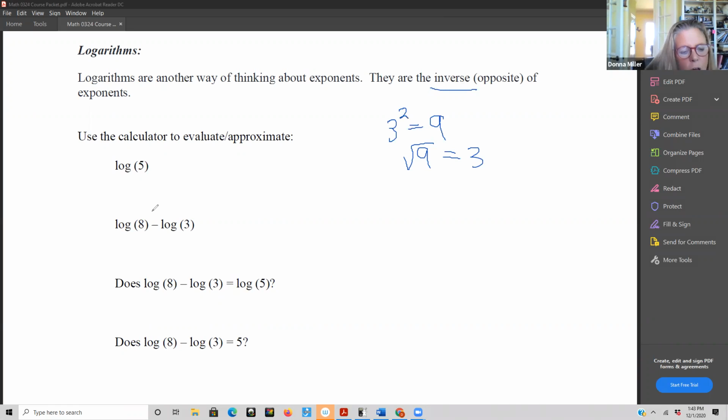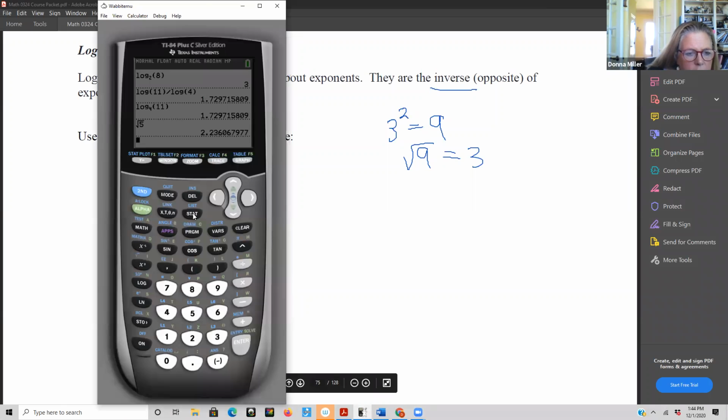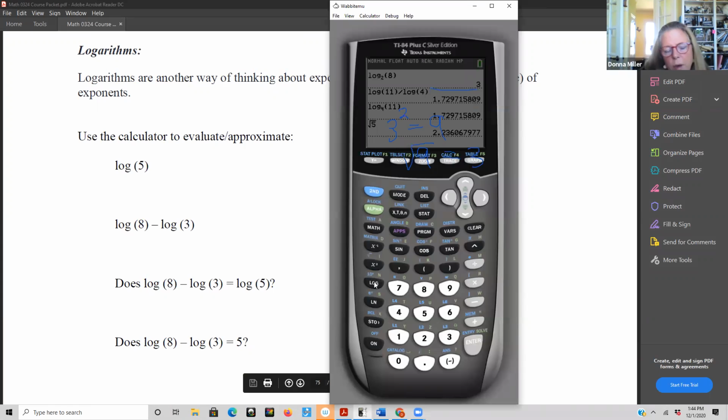All right, so you can do logs on a calculator, all right? So we're going to pull up the calculator, and we're going to talk about logs on the calculator. All right, here's my calculator. So they want me to find the log of 5. There's a LOG button, and there are a couple other logs we're going to talk about. LOG is base 10, so it's this one. I just type log 5.